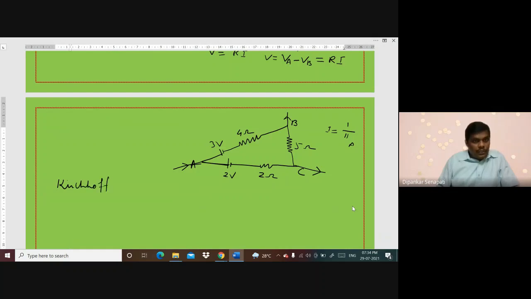So I hope you could understand the need of Kirchhoff's rules, to analyze complex circuits. For example, this circuit is part of a very complex circuit.